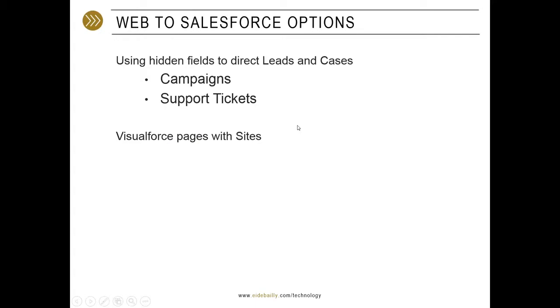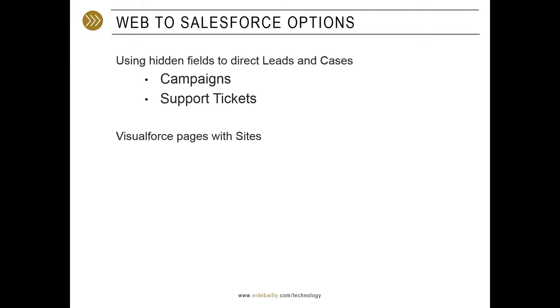So some different options that you can do with these forms. You can use hidden fields. So you see there was a couple of hidden fields there, but you can add more hidden fields to your form. And this can be good for different reasons. If you're running campaigns or promotions, or you have some sort of a special deal going, you can build a new form.